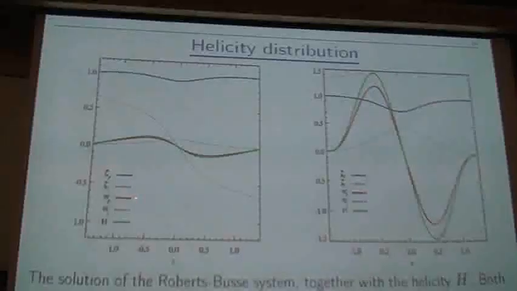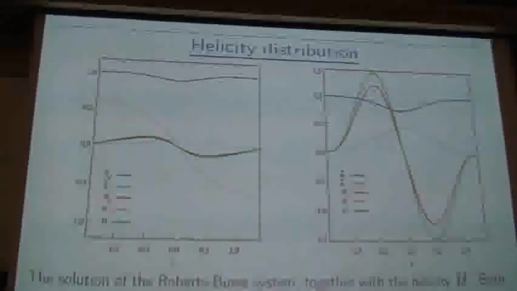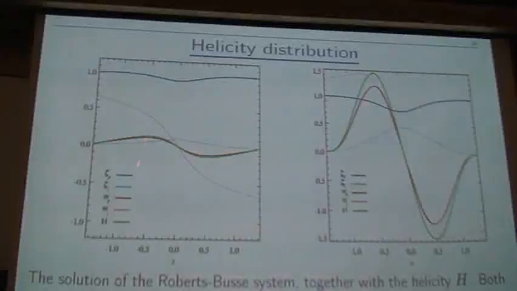Well, the most striking thing is that there is an absolutely huge difference between these two pictures. The helicity here is, well, there is some helicity, and it's got the right parity. It's negative in the northern hemisphere, it's positive in the southern hemisphere. But look how small the maximum is compared to the maximum up there.